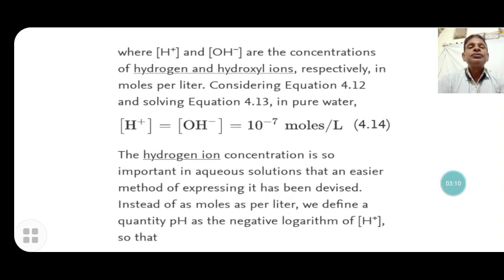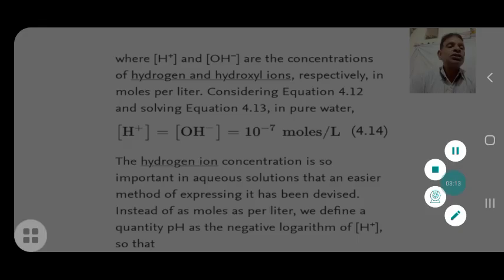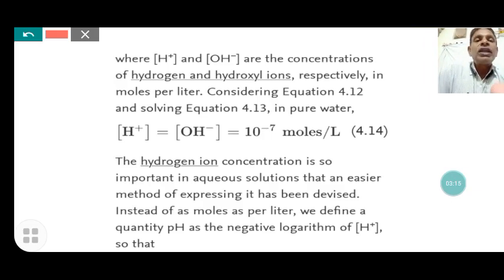In this slide, the hydrogen ion and hydroxide ion kept in square brackets are the concentrations of the hydrogen and hydroxyl ions respectively in moles per liter. The concentrations are expressed in terms of molarity, that is the number of moles present in a solution of 1 liter.